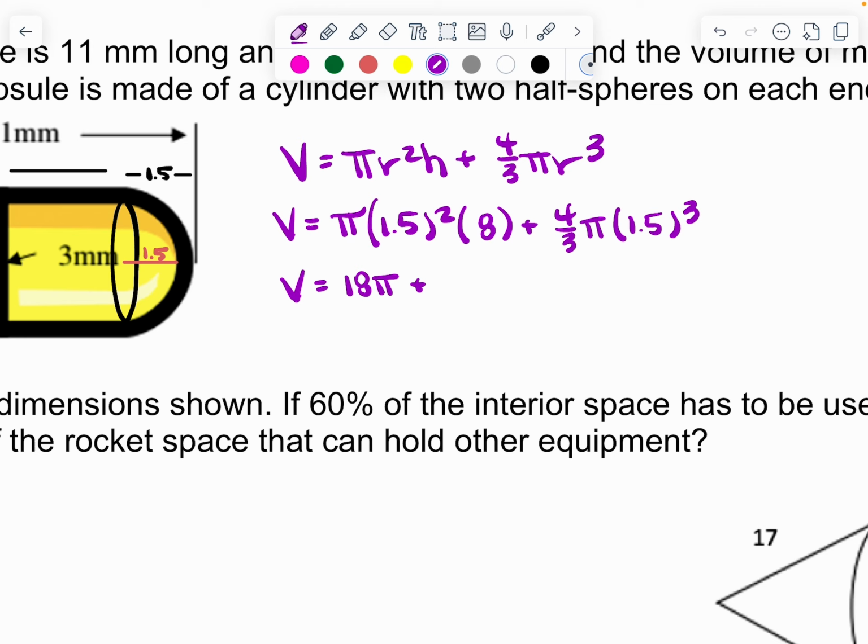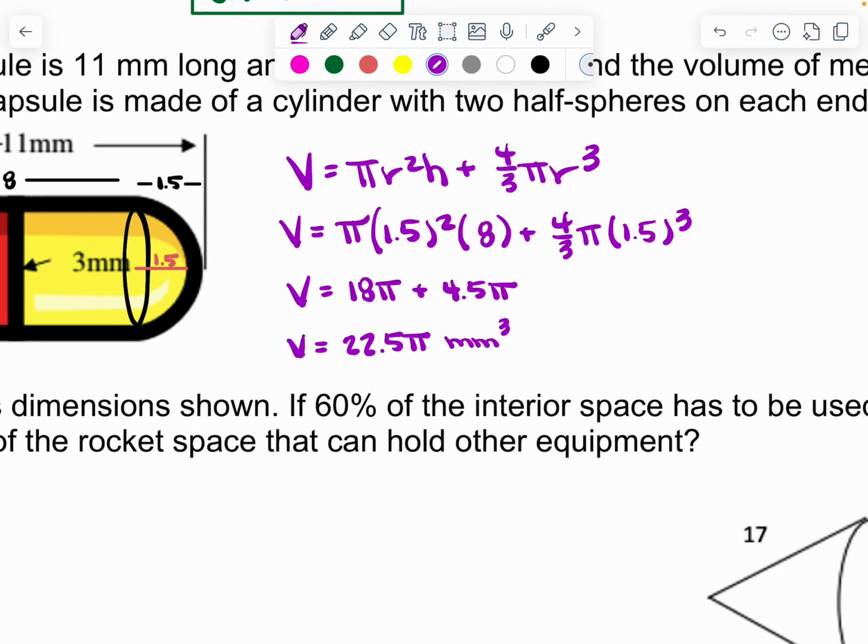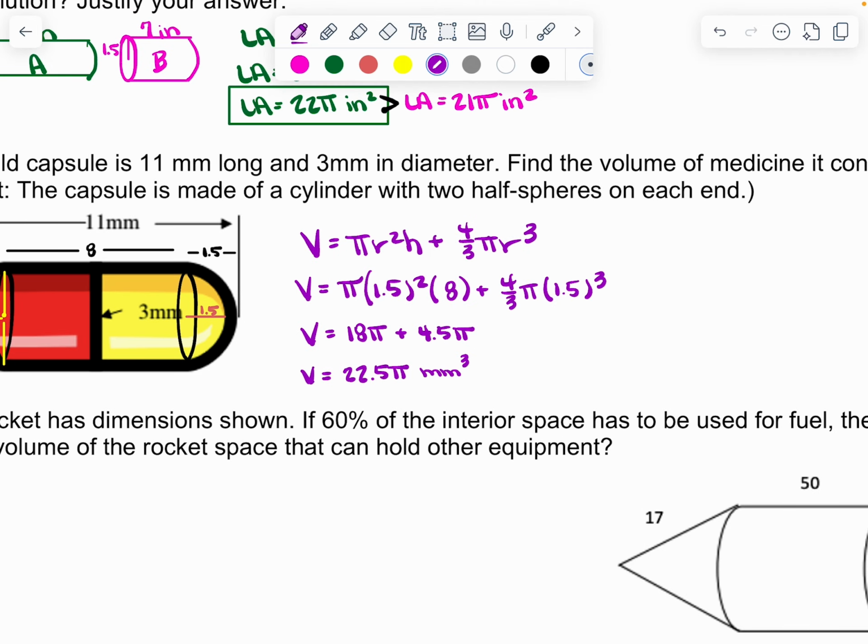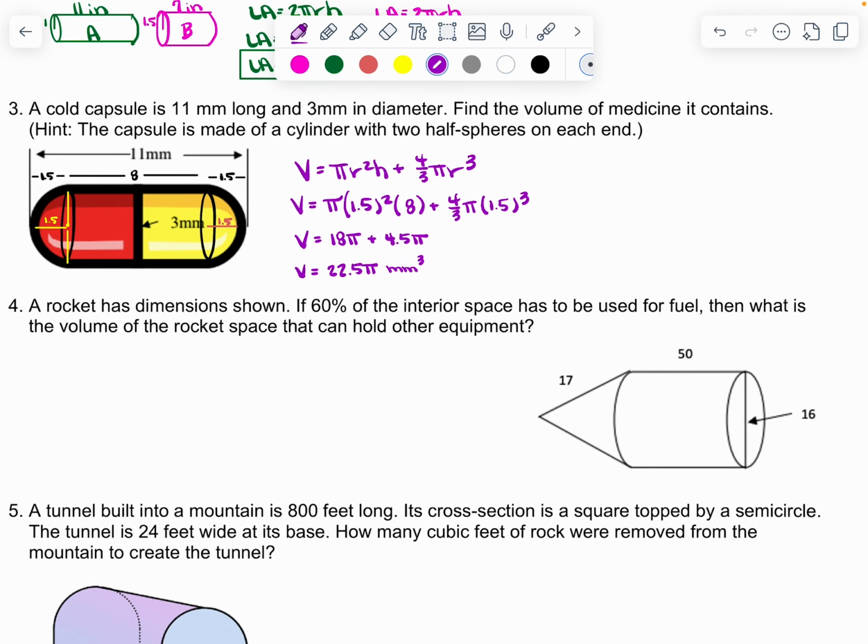And then when I calculate 4/3 times 1.5 cubed, I get 4.5 pi. When I add those together, I get 22.5 pi millimeters cubed. Of course, we'll leave all our answers exact unless it asks us to round. So that's going to be our final answer.